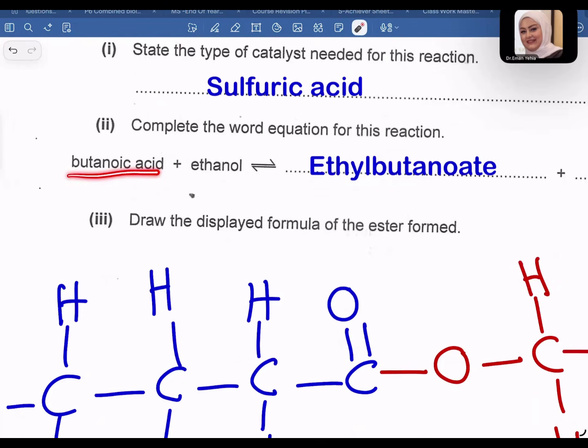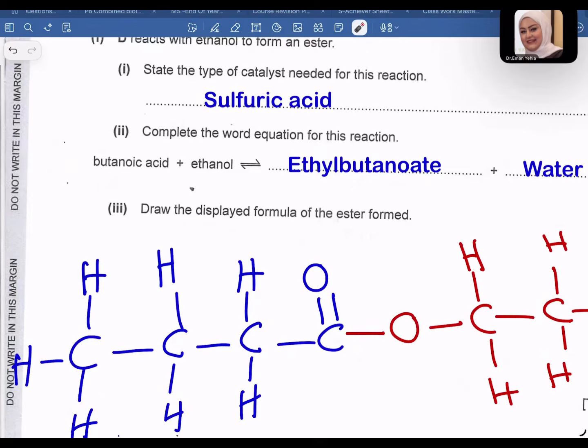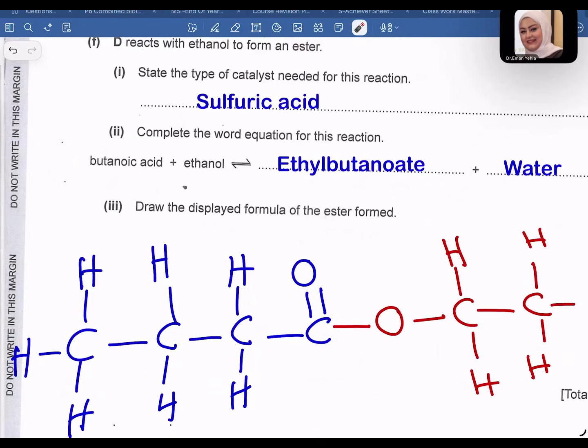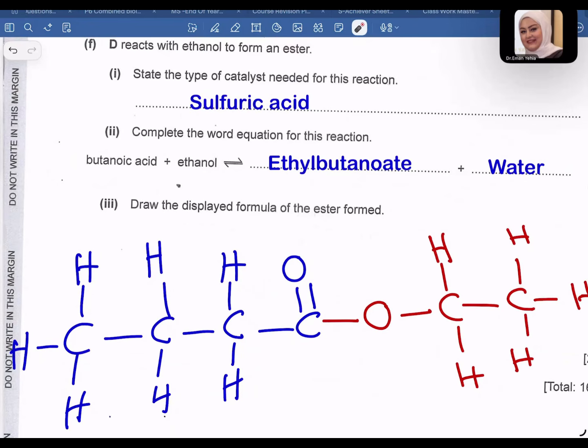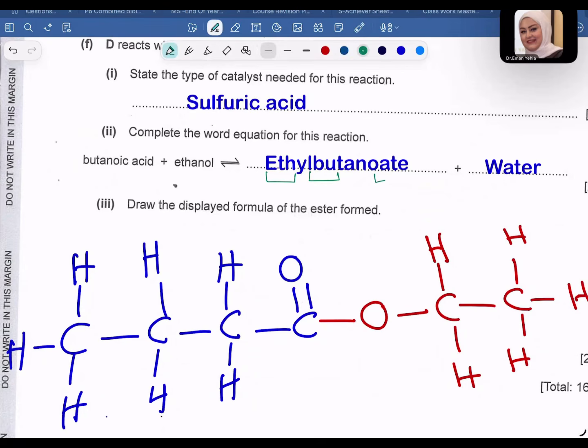Start with the alcohol part, ethanol, so it's going to be ethyl, and then butanoic, ending with oate. So ethyl butanoate. Start with the alcohol part, then the carboxylic acid part, ending with oate, plus water.